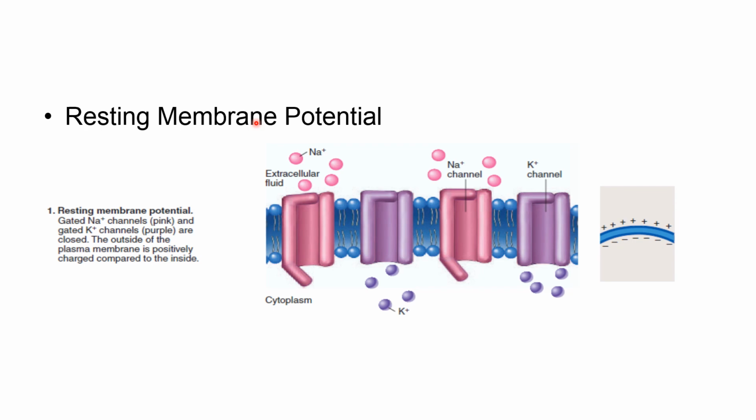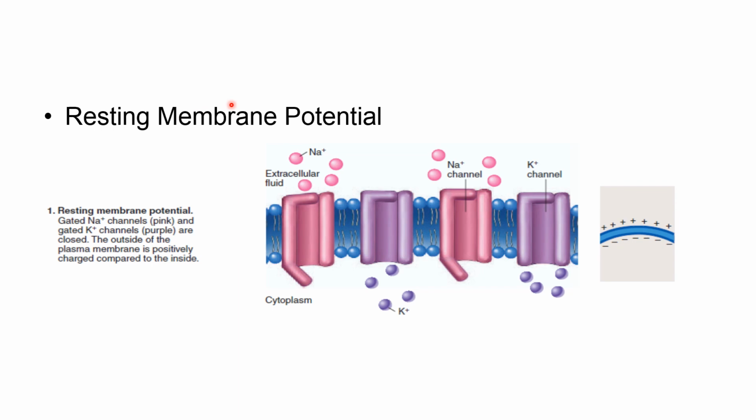These changes spread over the whole cell membrane, and that is called an action potential. In action potential, the charges are inverted as compared to resting membrane potential. So we'll see them later.